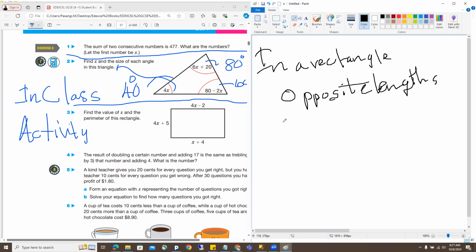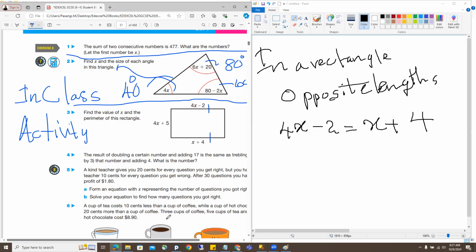That means we can derive an expression which is 4x minus 2 is equal to x plus 4, because these two lengths are equal. Is it clear?